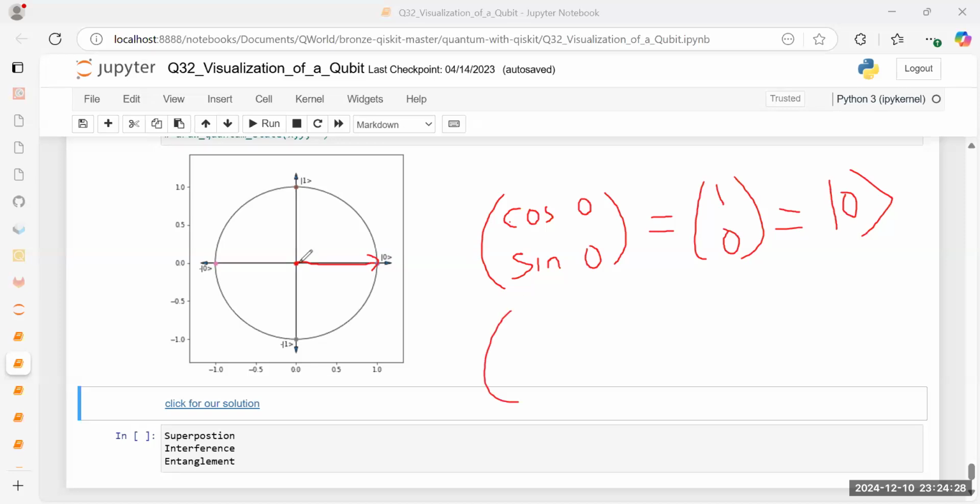Then for the location you see here, our value of theta is going to be pi over 2. So we're going to calculate cos pi over 2 or cos 90, and sine pi over 2 or sine 90.